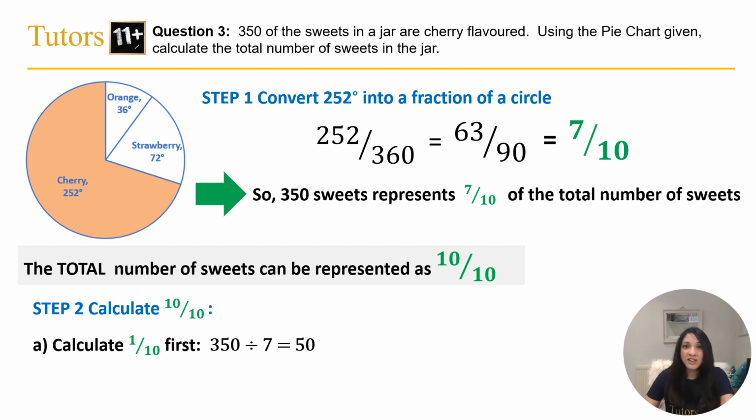This gives us 50. Then, as a second part of the step, to calculate 10/10, we simply multiply 1/10 by 10. 1/10 we've just worked out is 50, and so 50 times 10 is 500.